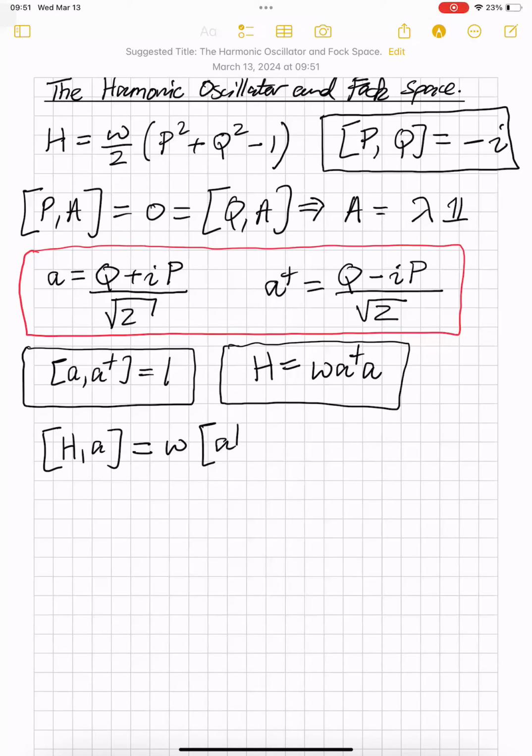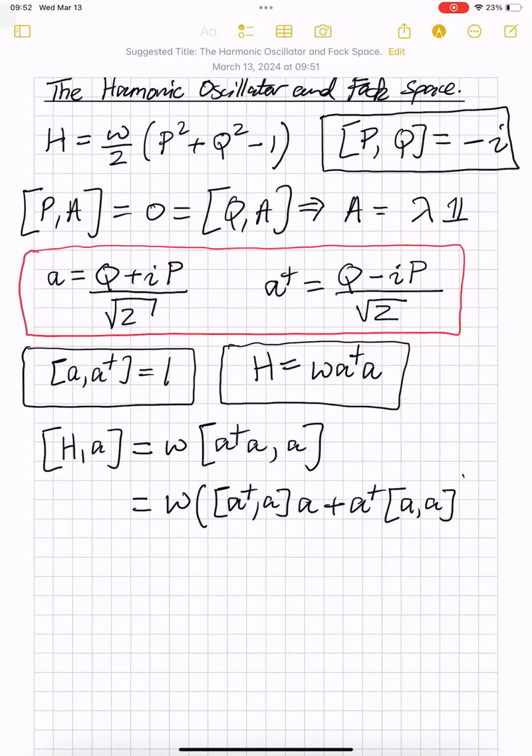And then I have to calculate the commutator of A dagger A with A. When you see this, you should immediately know, aha, let's use the product rule. So first, we take the commutator of A dagger with A, we leave A alone, plus leave A dagger alone, and then calculate the commutator of A with A.